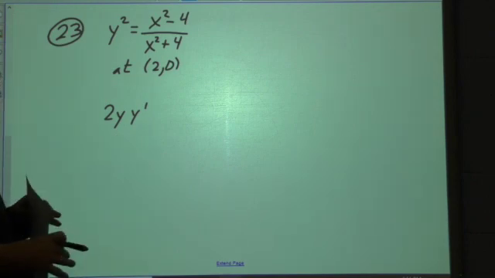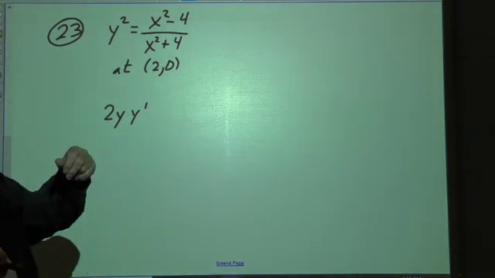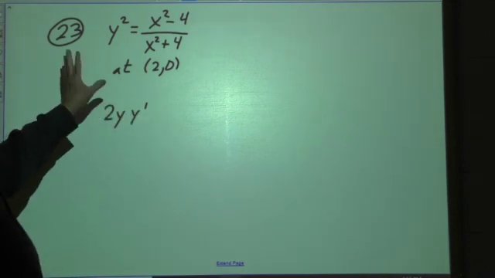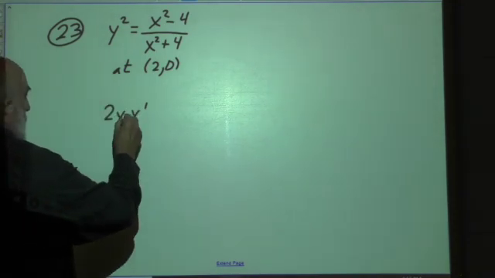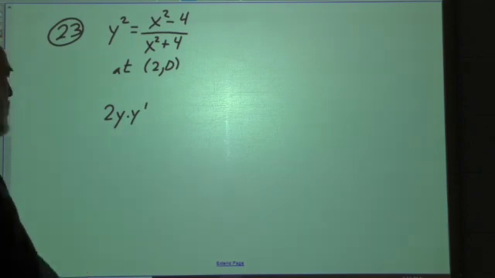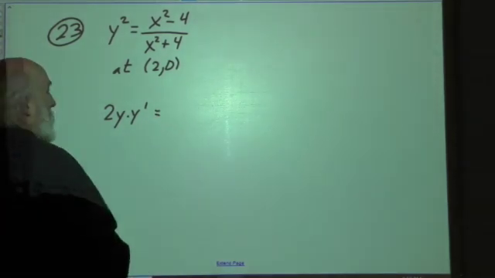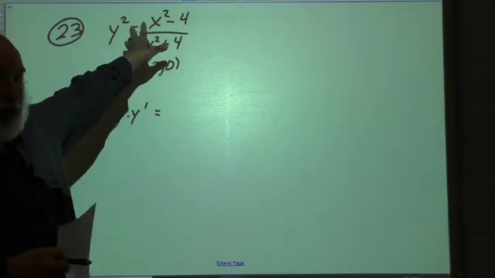This can be cumbersome or troublesome, I guess is the word I'm looking for, because this looks like the same thing. It's not. This is a prime, this is not a prime. So I'll put a little dot there to show that they're supposed to be apart from each other. Equals. Now, we're going to use the quotient rule to do this.